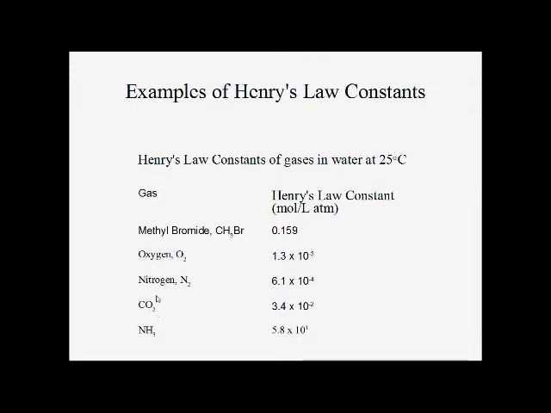So to get carbon dioxide into water for soda water, we need a higher concentration of carbon dioxide over the water. But it also means that as we release that pressure, the carbon dioxide comes back out of the water. Solubility of oxygen is even less, 1.3 times 10 to the minus 3. And nitrogen is even less from there, 6.1 times 10 to the minus 4. We do not have to memorize these constants.